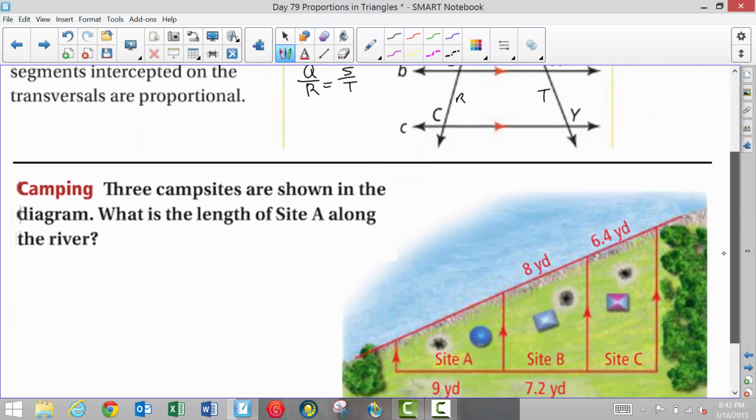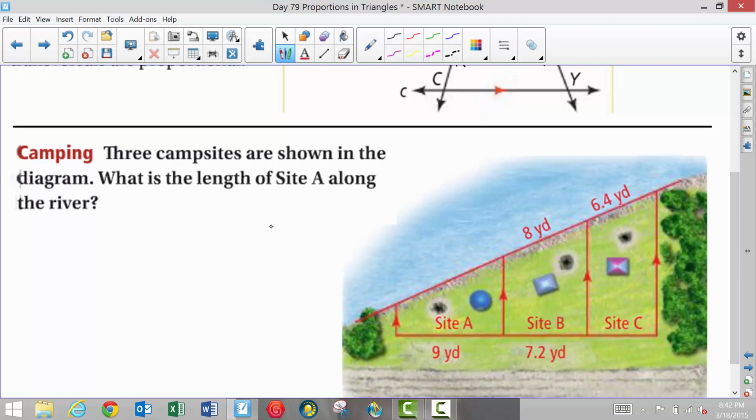So let's apply this to this campsite. I have 3 or more parallel lines. I have them intersecting 2 transversals, therefore I have segments that are proportional.